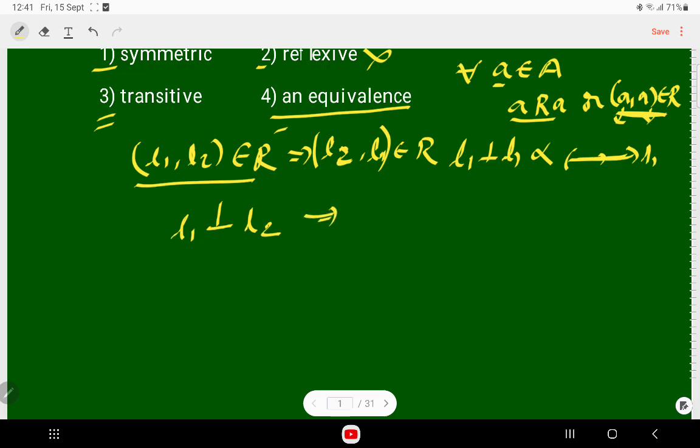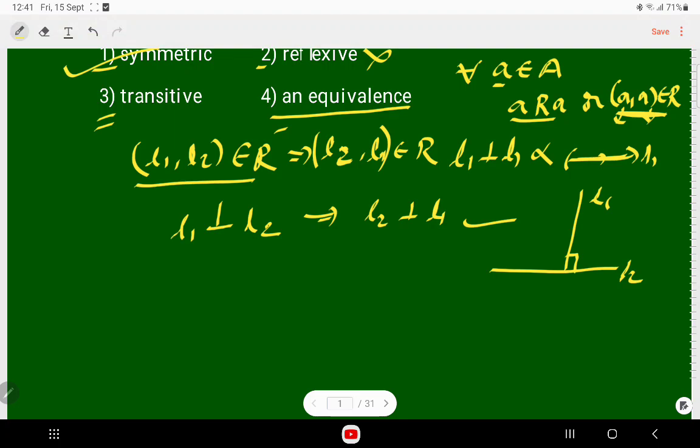Is L2 perpendicular to L1? Definitely. The angle between them is 90 degrees, so L2 also makes 90 degrees with L1. So definitely it is symmetric.